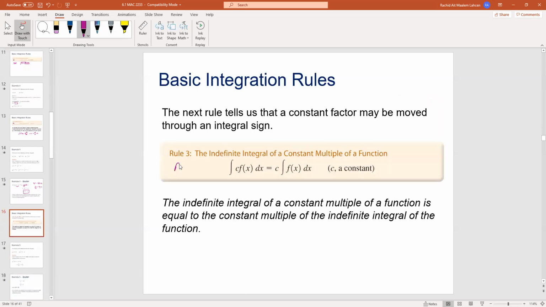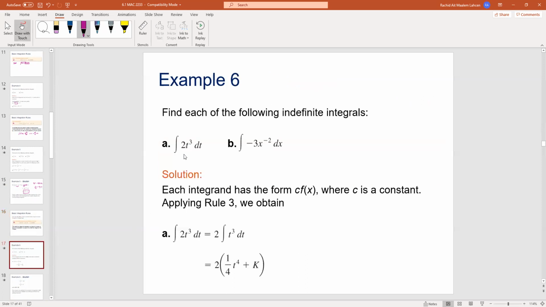Rule number 3, if we have a constant multiple, just like we did for differentiation, it's not going to be used. It's going to stay to the side until you find these antiderivatives. So a 2 here comes to the outside, and you work this with the power rule, and you find the answer.